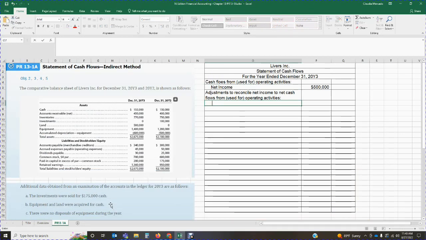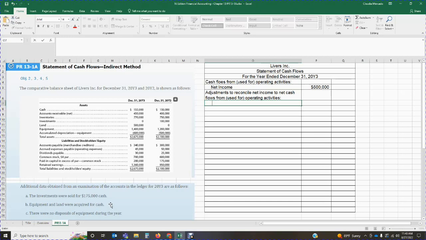Remember, when we calculate net income, it's revenues minus expenses. Included in those expenses, we have depreciation expense. Now, depreciation expense is just an internal entry that is being done to account for the depreciation of assets. There is no cash involved. The entry is basically we debit depreciation expense and we credit accumulated depreciation.